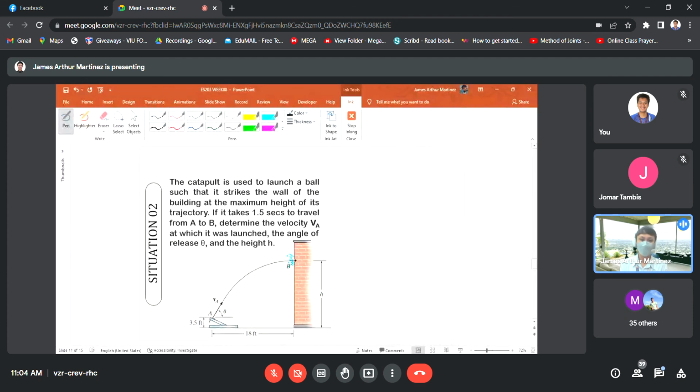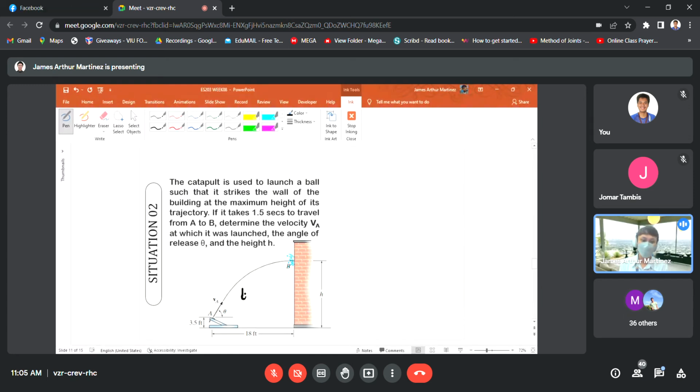Before we solve this, let us establish relationships in the figure or the given problem. Let us supply the given data.